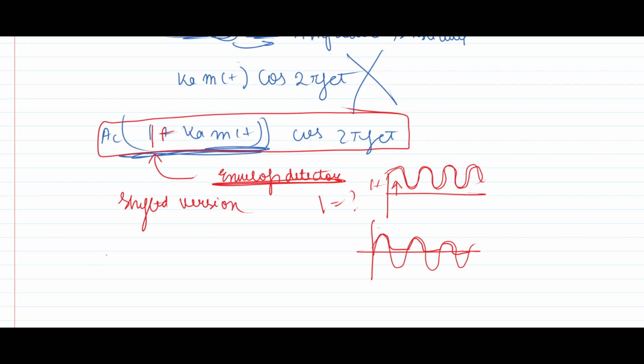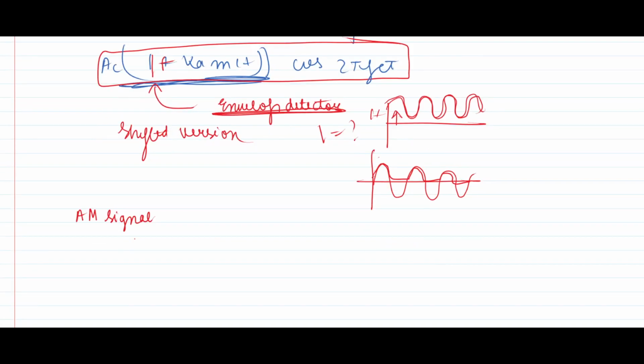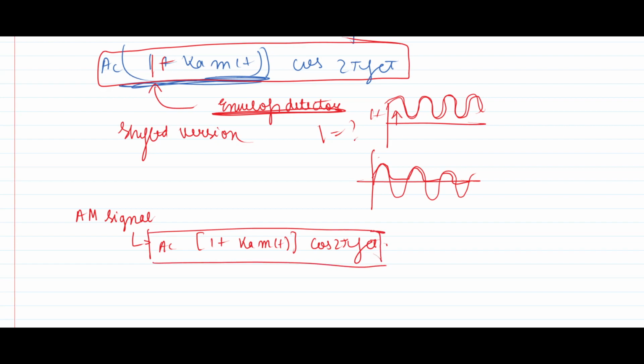Okay, so this is the basic equation. The AM signal, amplitude modulated signal, is represented by Ac 1 plus Ka m(t) cos 2 pi fc t. Okay, so this is the basic equation of an amplitude modulated signal.